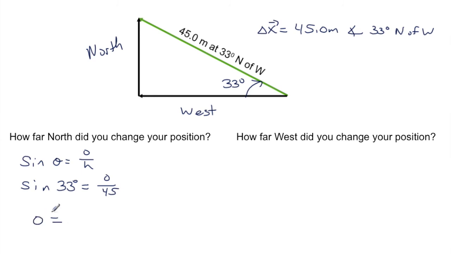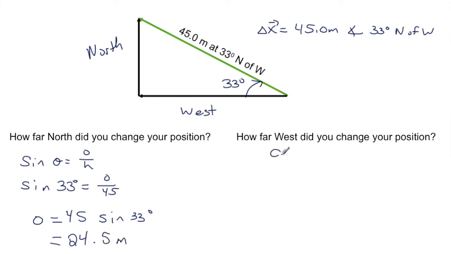So the opposite side is going to be 45 times the sine of 33 degrees, and 45 times sine 33 is 24.5 meters.